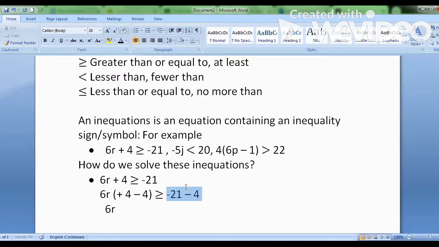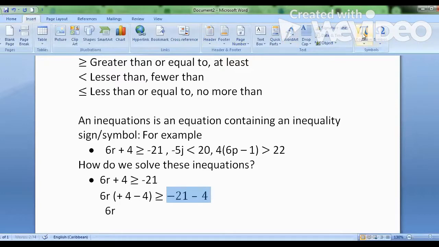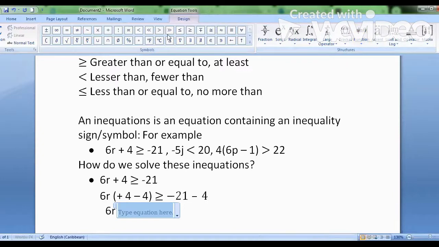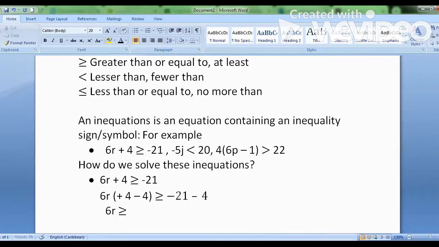What is this? Negative 25. And then you just divide everything by 6.